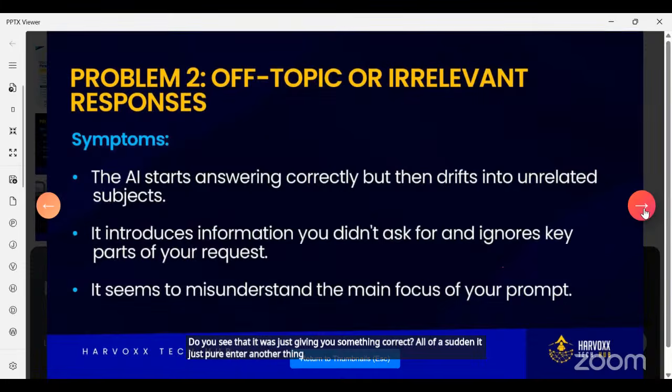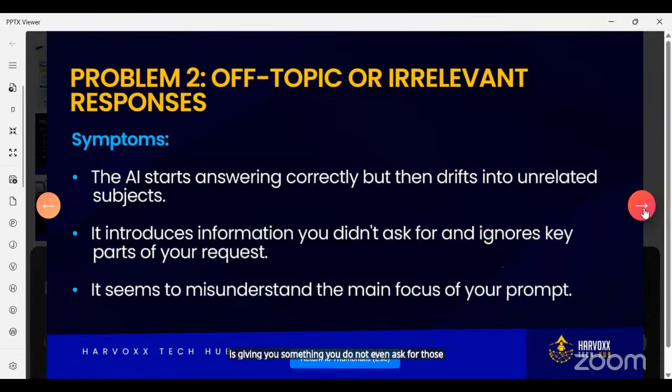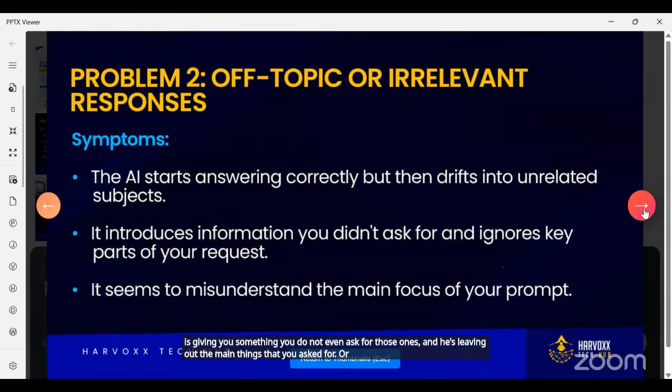Or it introduces information you didn't ask for and ignores key parts of your request. It's giving you something you did not even ask for, and it's leaving out the main things that you asked for. Or it seems to misunderstand the main focus of your prompt. These are the symptoms.